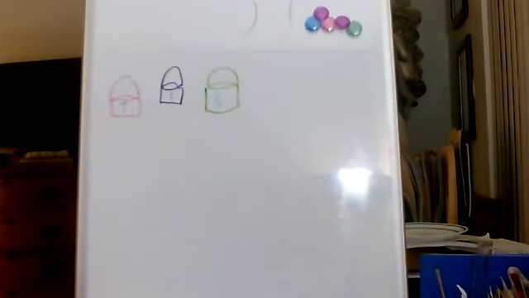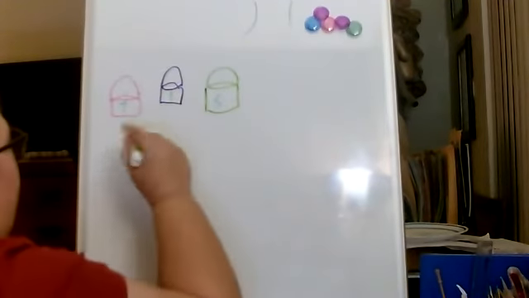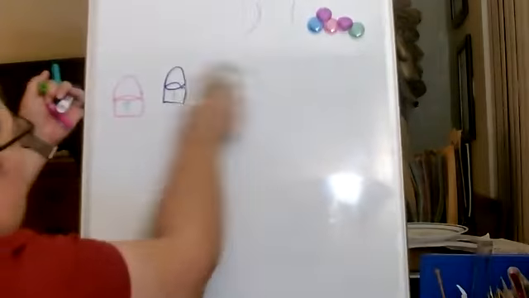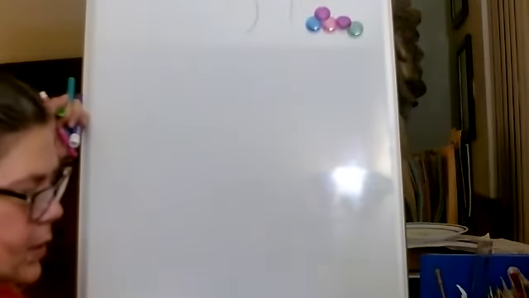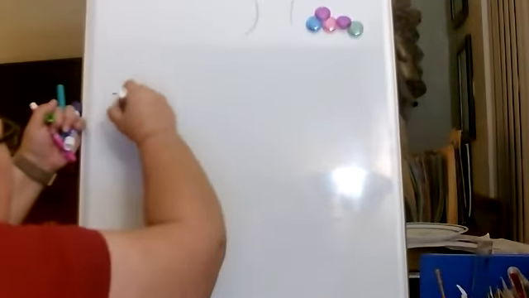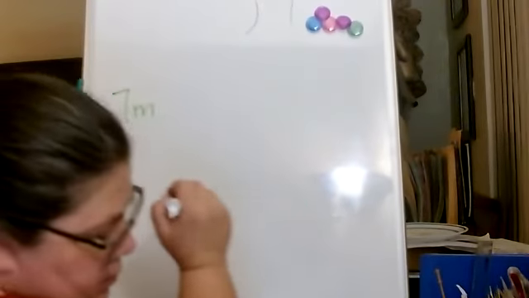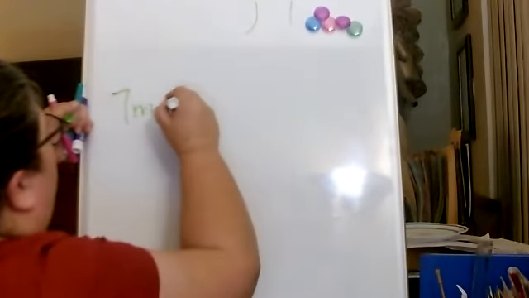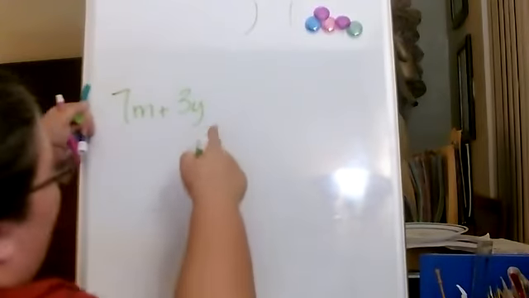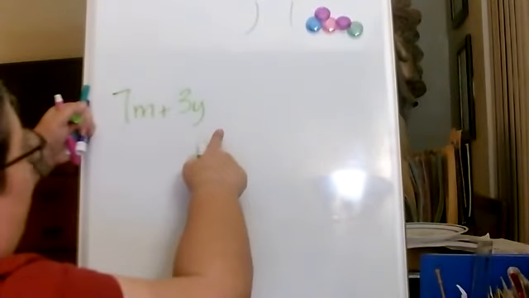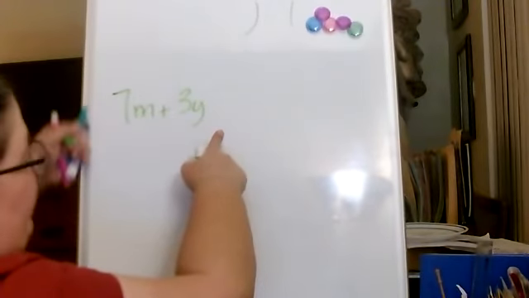So here is, let's get rid of all these funky baskets. 7m plus 3y minus 2m, except because we don't subtract anymore, right?